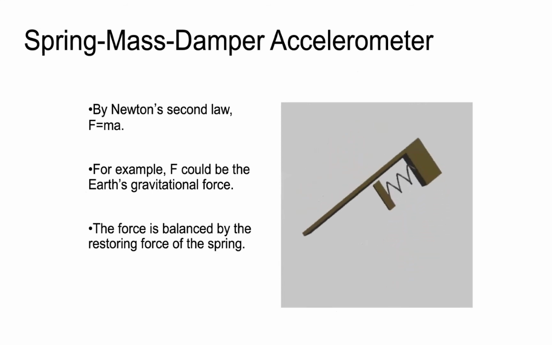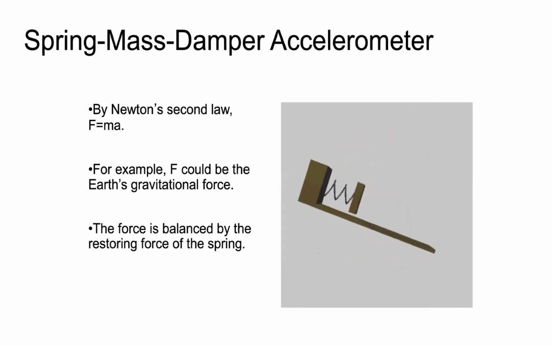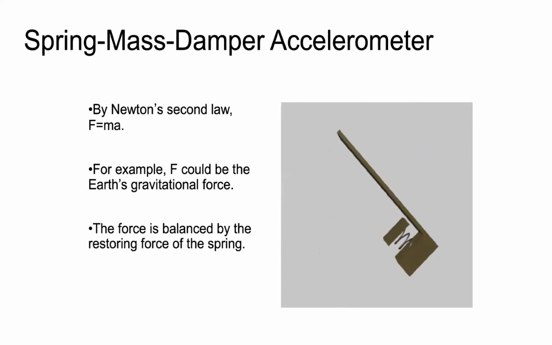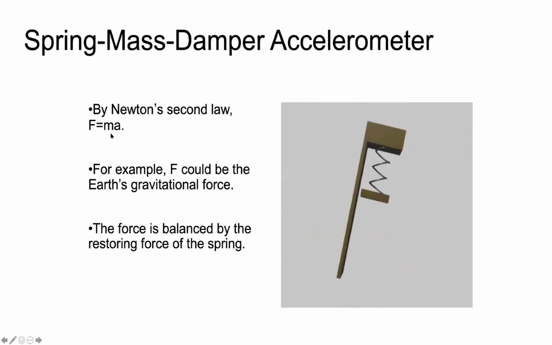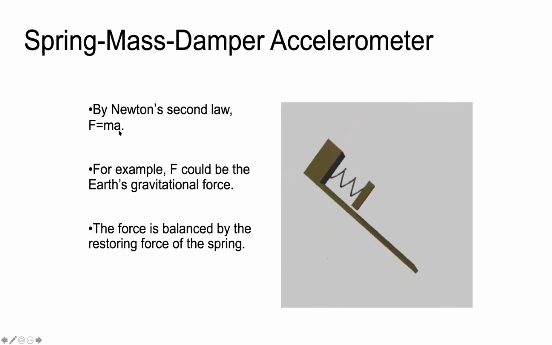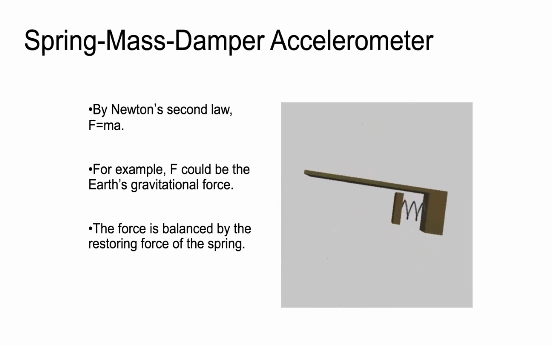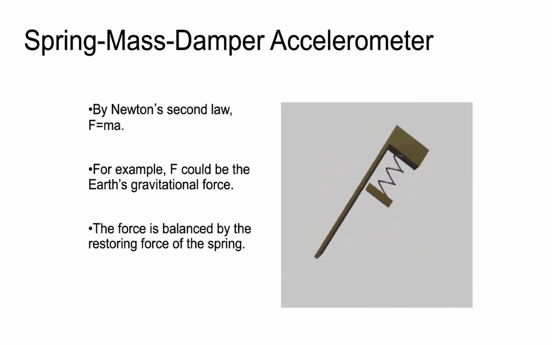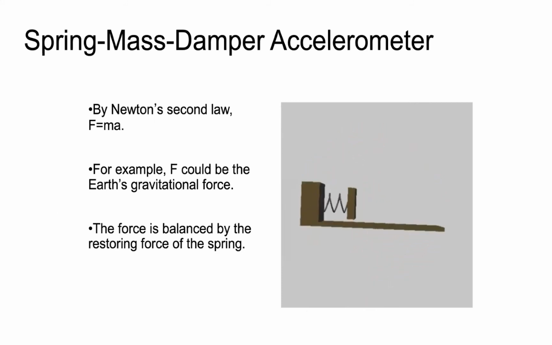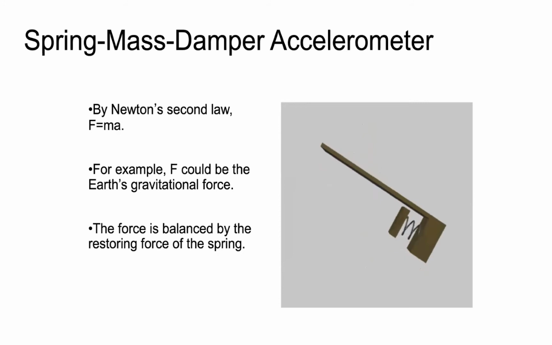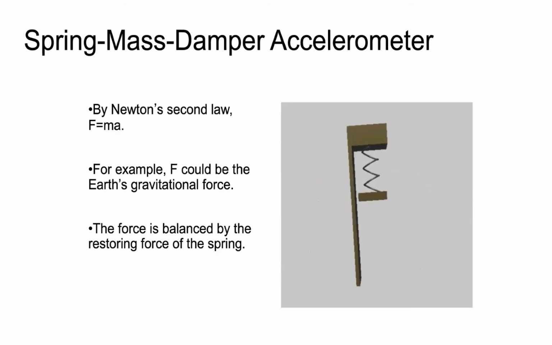There's a physical model behind this kind of design. Based on Newton's second law, the force is equal to the mass times the acceleration. So we will be using this basic principle to calculate the acceleration. For example, the F could be Earth's gravitational force.